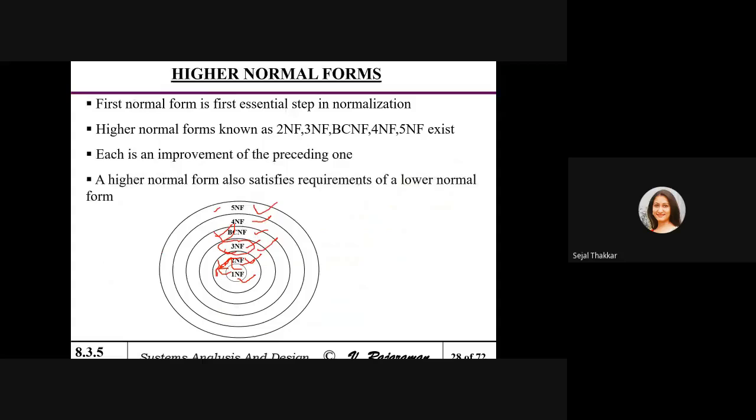So we can say that first normal form is the first essential step in normalization. Higher normal forms are known as the second normal form, third normal form, BCNF, and fourth and fifth normal form. Each is an improvement of the preceding one. Higher normal forms also satisfy the requirements of lower normal forms.